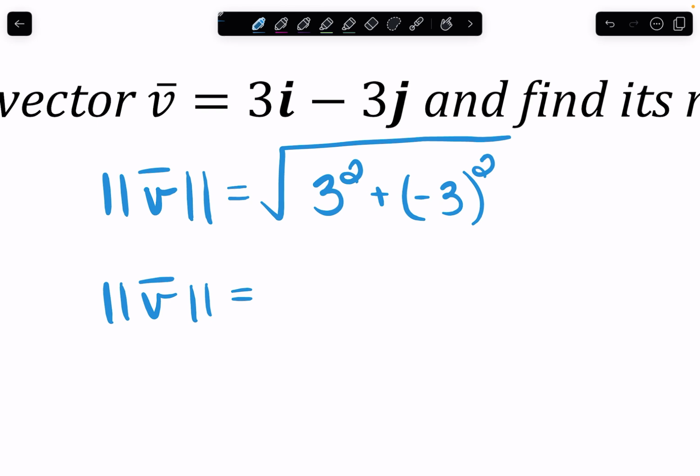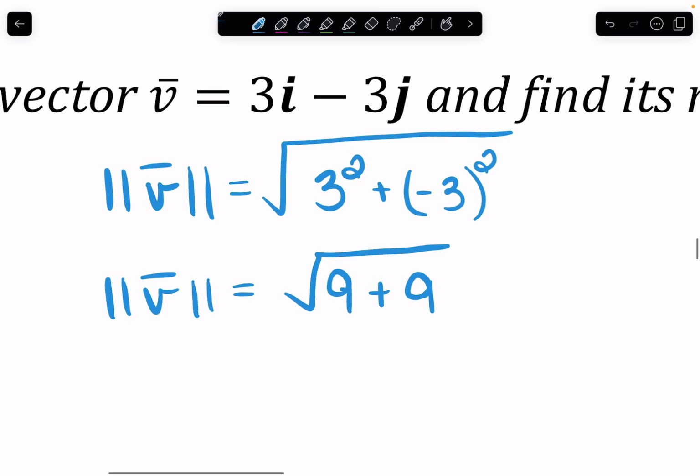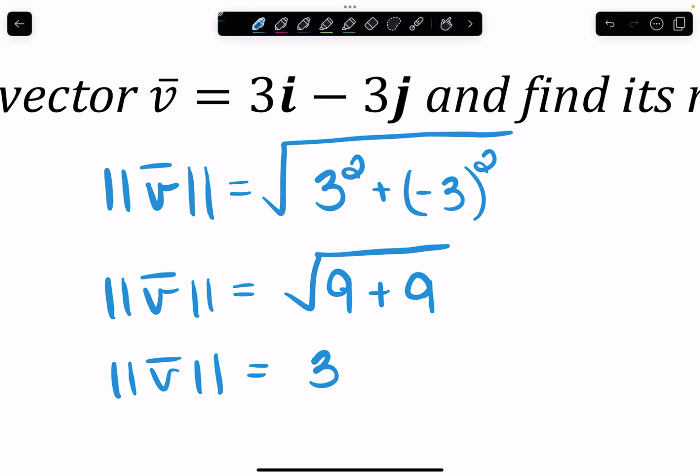So the magnitude of vector v is 3 squared is 9, plus negative 3 squared is also 9, square rooted. Gives us the square root of 18, which does not come out nicely, but we can rewrite it as 3 square root of 2.